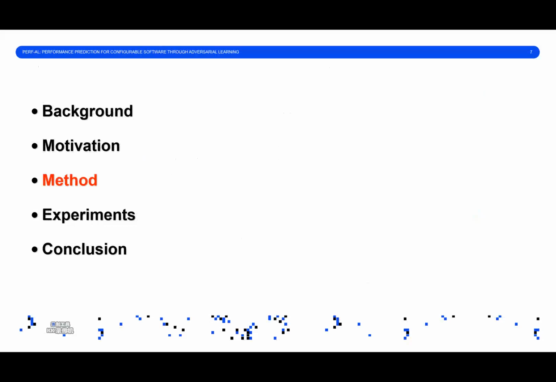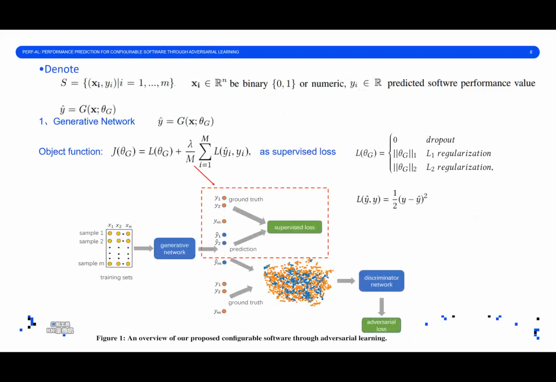Then next I will introduce my proposed method. As you can see from this picture, our method consists of a generator network and a discriminator network. Let's talk about the generator network first. In the generator network, we want to output the performance.